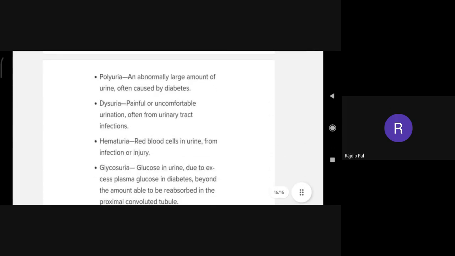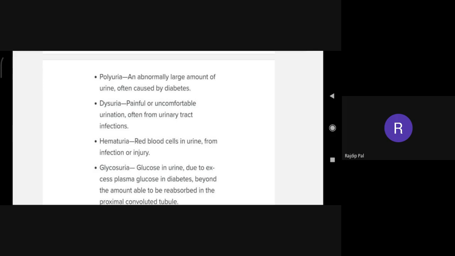An abnormally large amount of urine, often caused by diabetes, means polyuria. Poly means multiple, multiple times urine or more than the normal amount of urine. A normal amount is 1000 to 1500 ml per day.